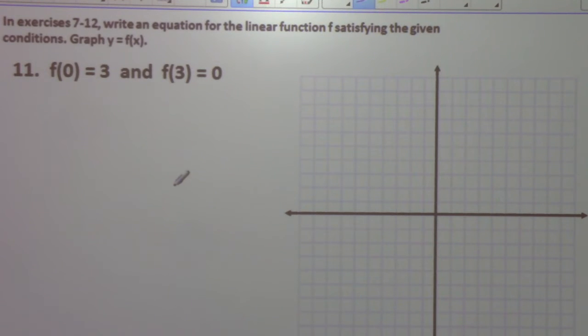Who has number 11 worked out yet? Okay, Emily, I want you to give me the equation and we'll check it. What do you get? y equals negative 1x or negative x plus 4. Plus 4? Yeah, that's what I got. Does that look right? Okay, let's test it out.